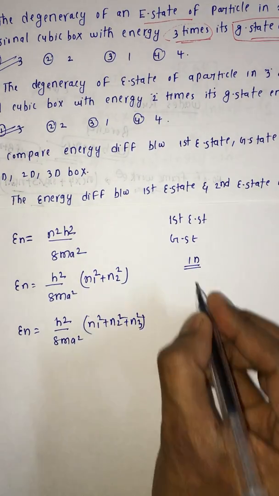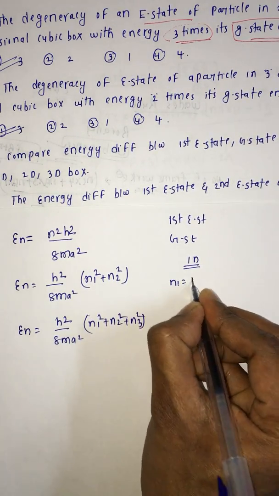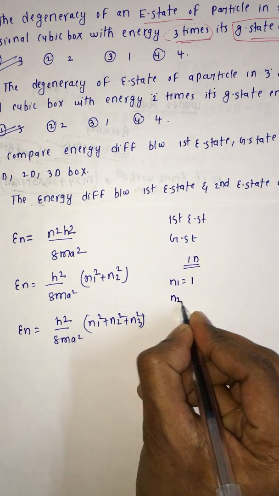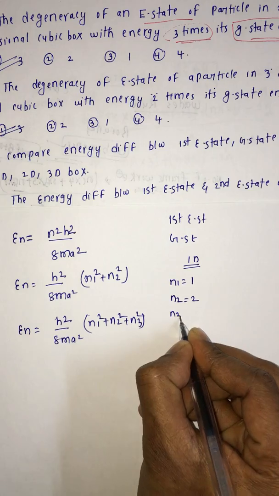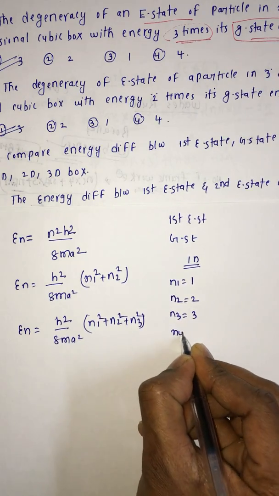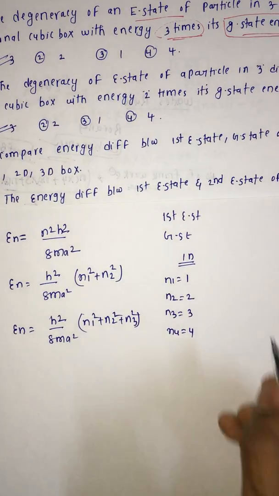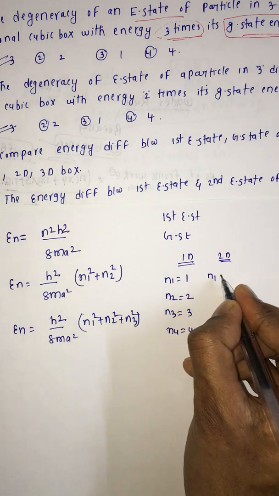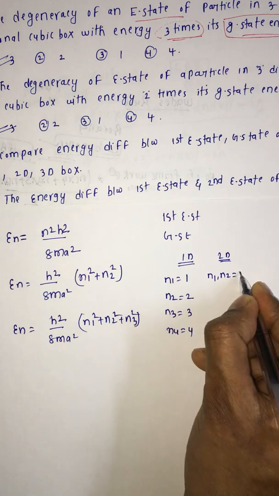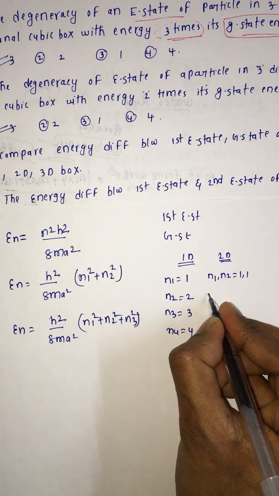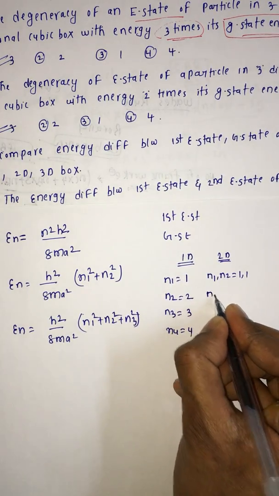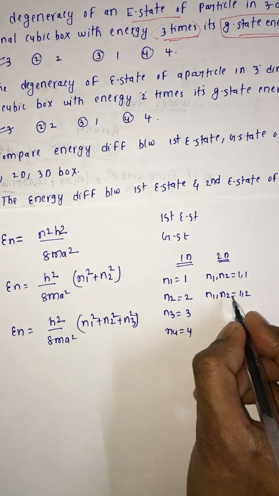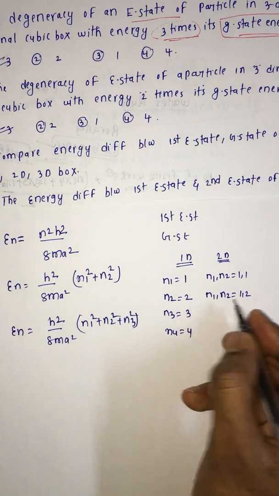For the 1D box, the ground state will be 1, which is the least energy. The first excited state will be 2, the second excited state 3, the third excited state 4, like this. When we have a 2D box, the ground state has n1 and n2 equal to 1 and 1. The first excited state will be 1 and 2, where one quantum number will be 1 and another will be 2.